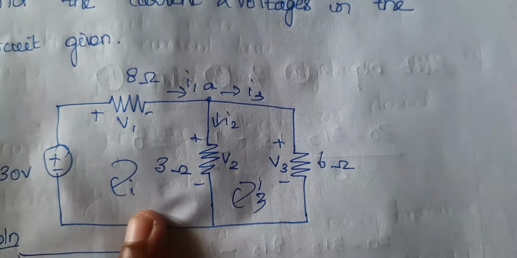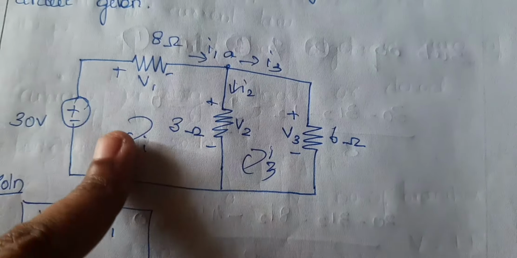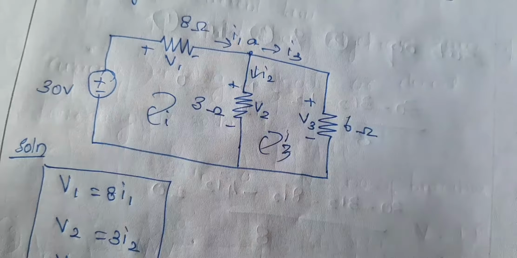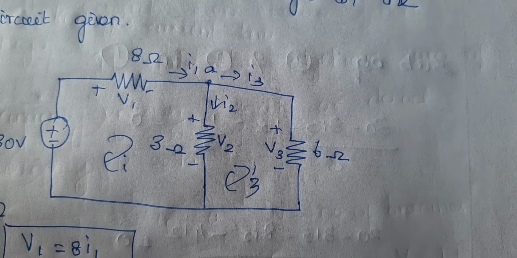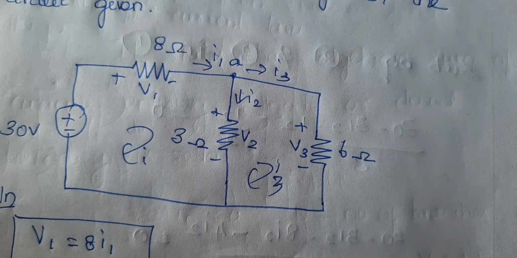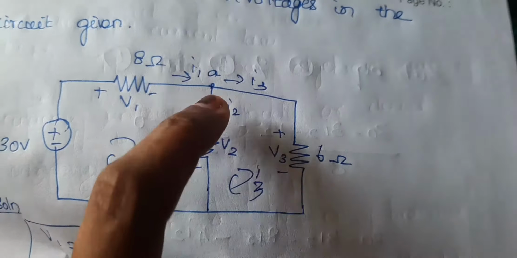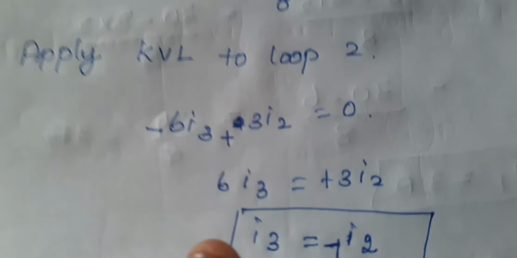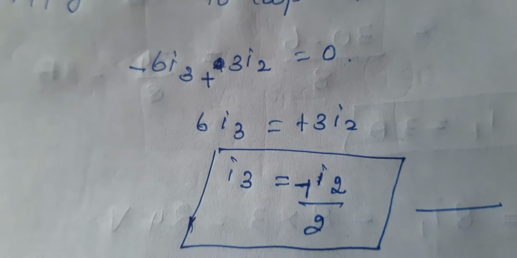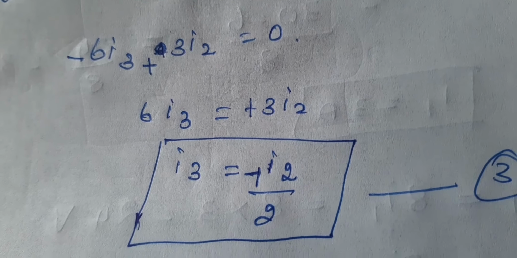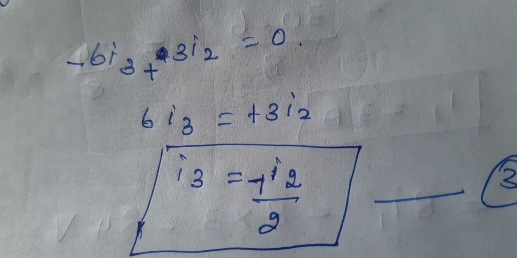Next, if you see the V3 voltage, here the voltage is dropping, that is from plus to minus, so it is a voltage drop. So sum of the voltage rises equals sum of the voltage drops, that is 6I3 equals 3I2. So I3 equals I2 by 2.